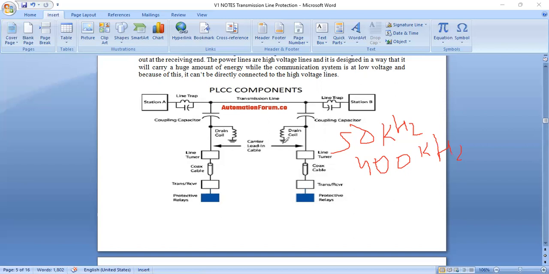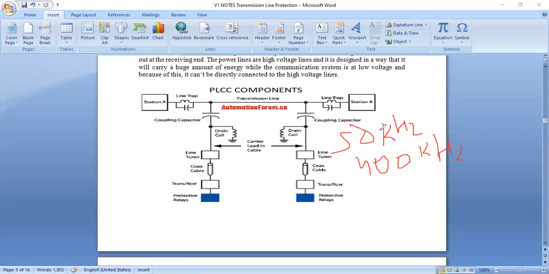These signals are received at the receiving end through suitable coupling devices, so the data can be transmitted to the control signal. It is also used for protection purposes.